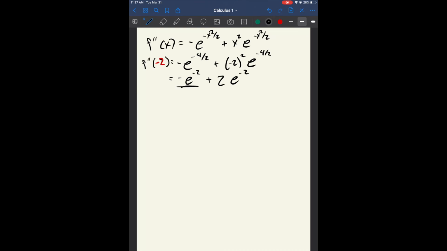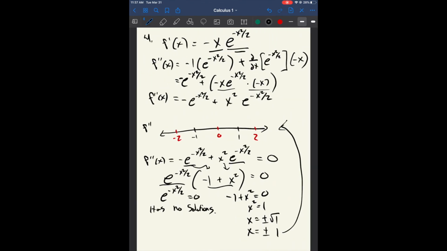Okay, so here I have minus 1 e to the minus 2, and here's plus 2 e to the minus 2's. So that's equal to 1 e to the minus 2. And this is a positive number. Okay? So I'm going to go back here, and I'm going to put a little plus here, right? Because the derivative is positive there.